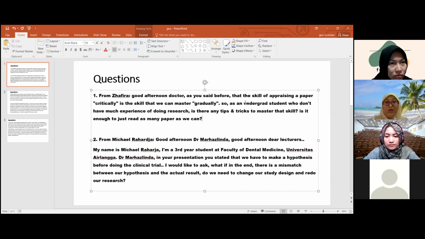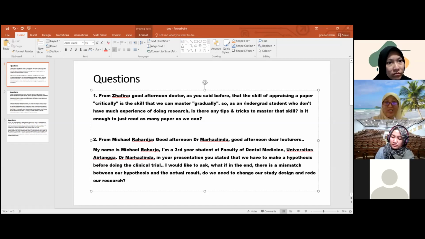So when you conduct the study, suddenly your result is not the same as your hypothesis. Because your research hypothesis is that B is better, but your result comes out as no difference, or A is better. You don't need to change your study design, because your study design, doing an intervention study, is already correct.